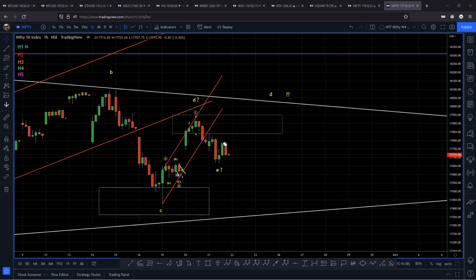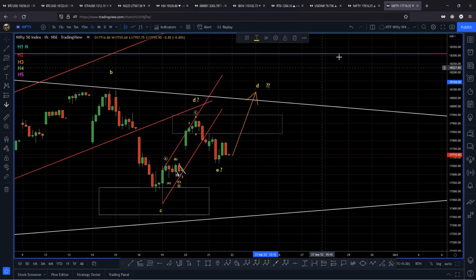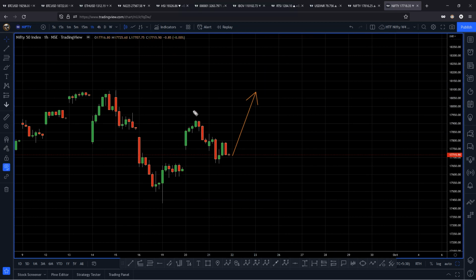It could go up for the new impulse up, or it could just be going up for this D, which is continuing possibly as a complex structure, WXY to be more precise. It would look something like this: W and X maybe here, and then Y in three waves. You can also call it a double zigzag if you want to be very precise with the naming.